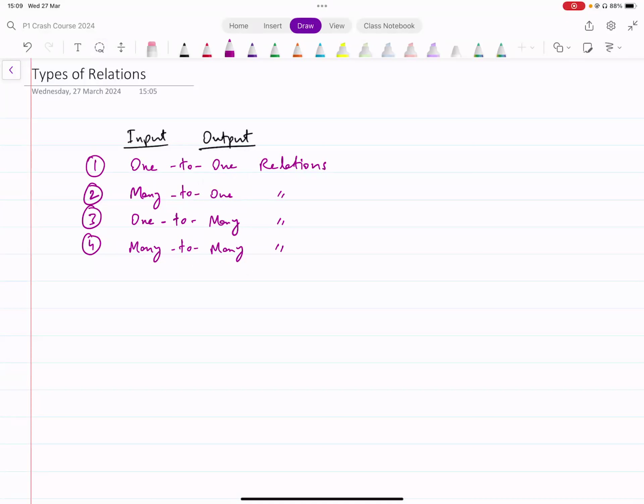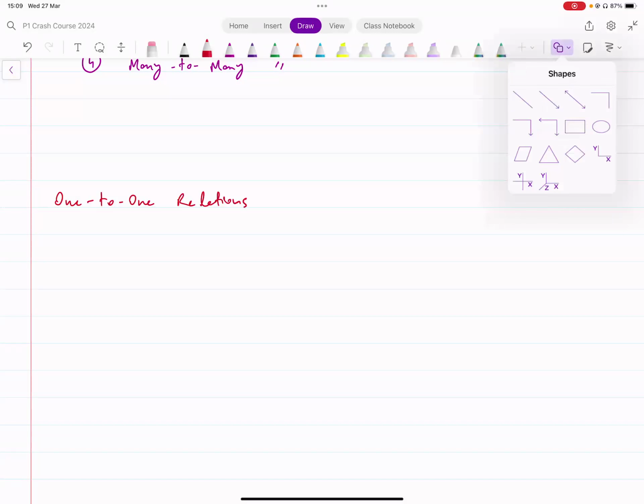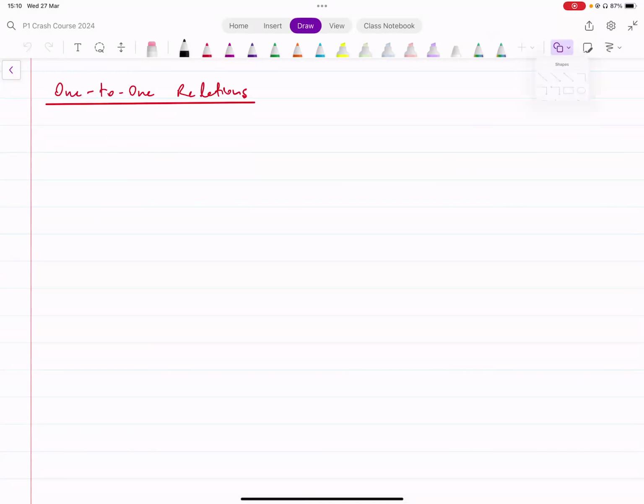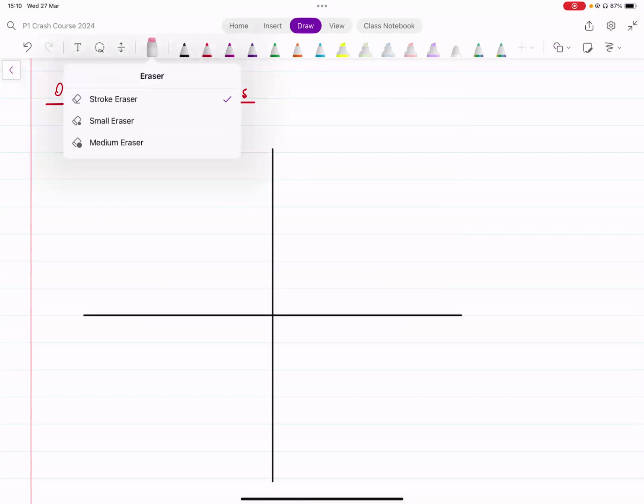Now, let me explain that using an example. So first of all, let's start with these one-to-one relations. Now, one-to-one relations basically look like this. For instance, you could have a straight line. That's one possible one-to-one relation.